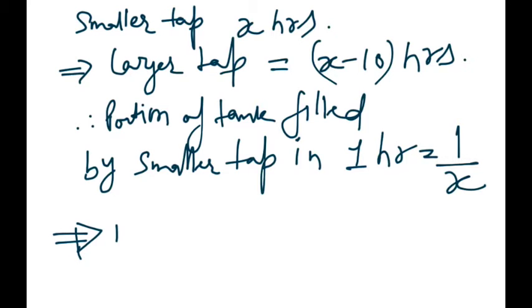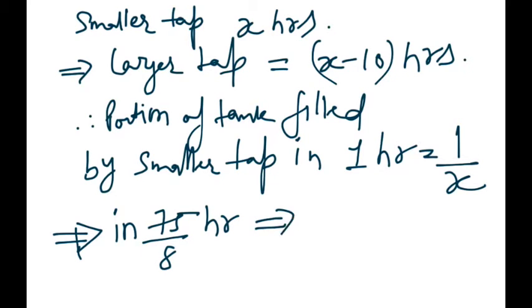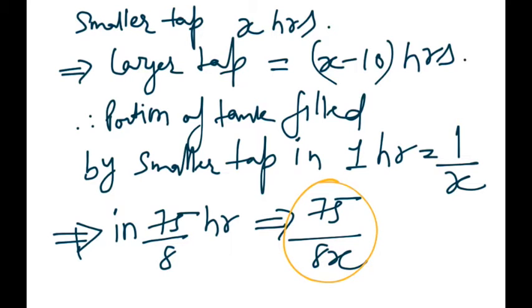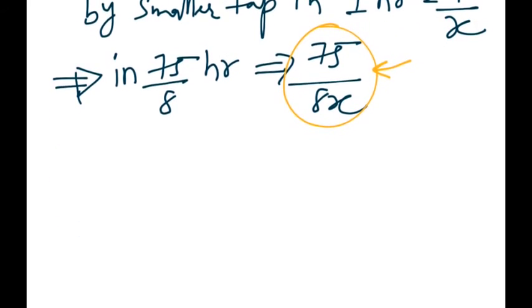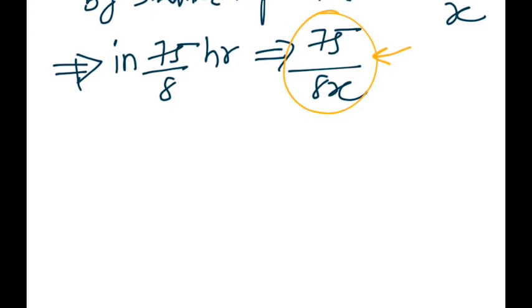Therefore in 75 by 8 hours, how much? 75 by 8x, right? So this is the portion of the tank filled by the smaller tap in 75 by 8 hours. Now similarly, let's find the number for the larger tap.